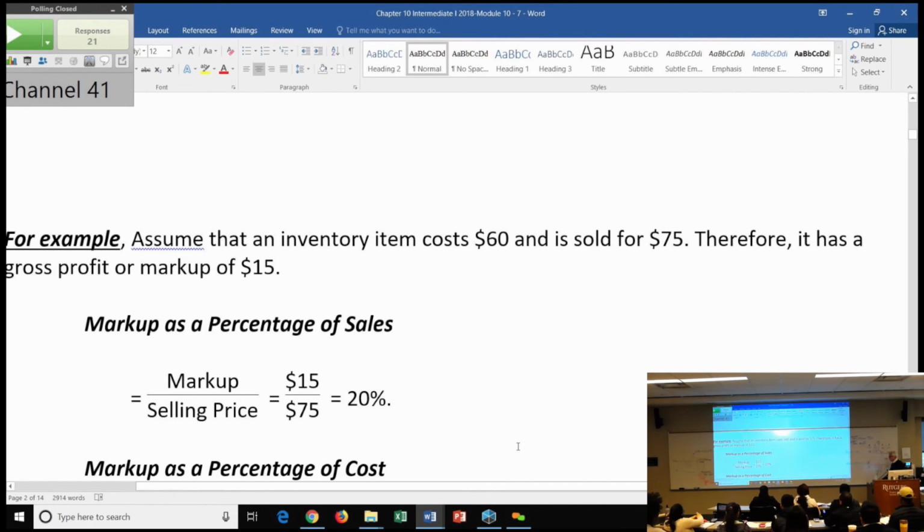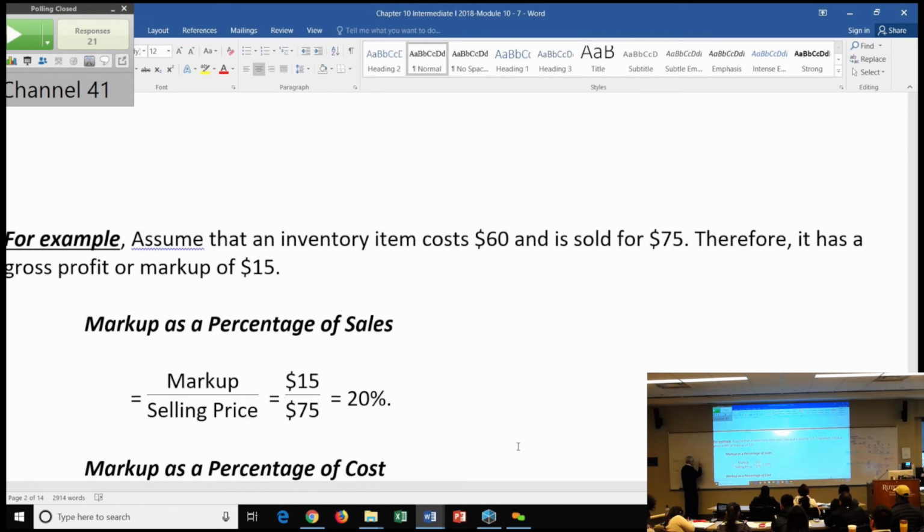And I'm first going to set this up in a way that I think you kind of already know. So you've got a company that sells a product for $75, and it costs the company $60 either to purchase or make this product. And it's got a gross profit or a markup of 15.